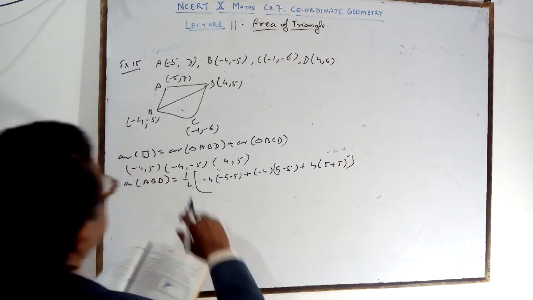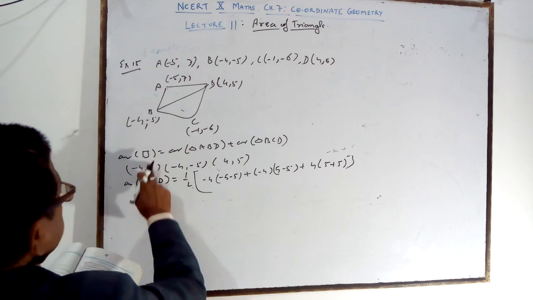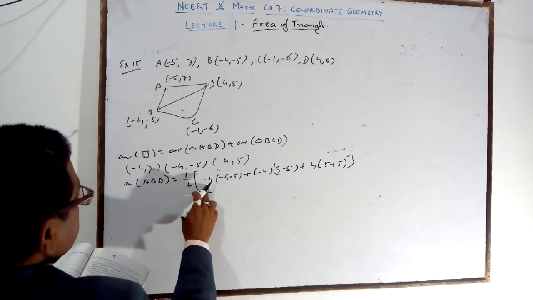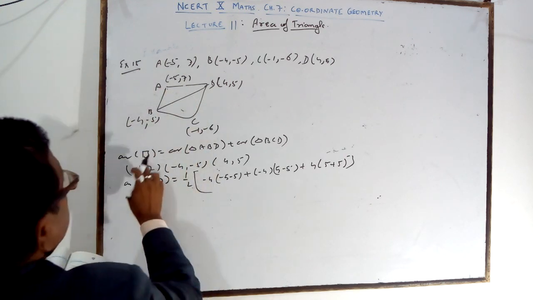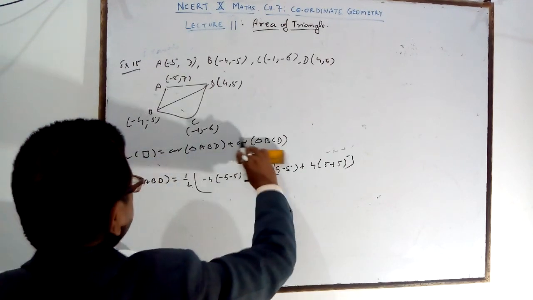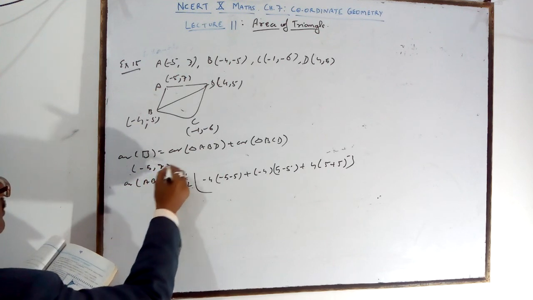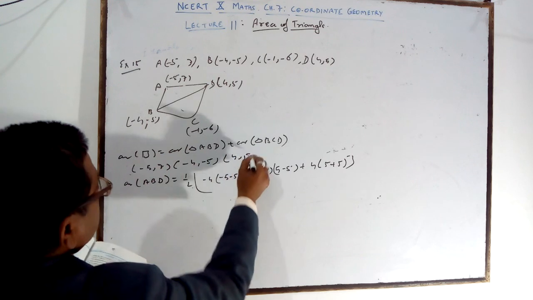Here I have written it wrongly. What is the coordinate of A? Minus 5 comma 7, and minus 4 comma minus 5, and 4 comma 5.